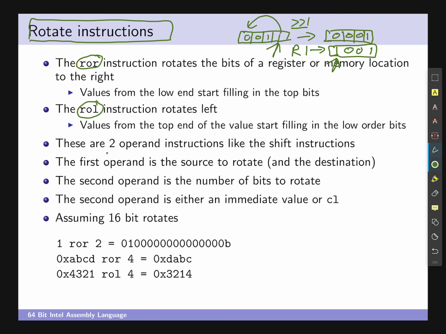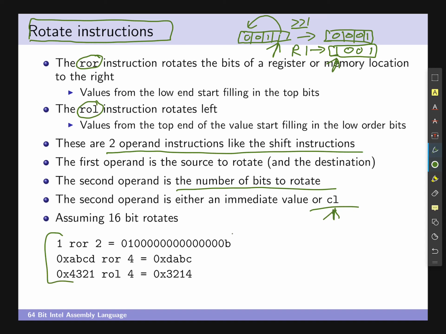We have 2 operands, and the first is both the source and the destination. So it's the register or memory location you wish to perform the rotation on, and it's where the result is stored. The second operand is the number of bits you wish to rotate, and normally that's going to be an immediate value, but you can use a register like CL. Okay, so you do have the ability to use the old 8-bit register if necessary.